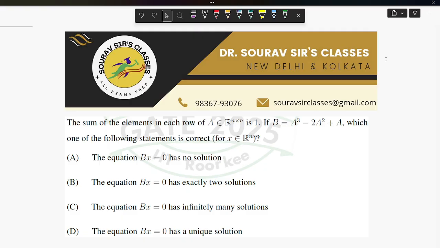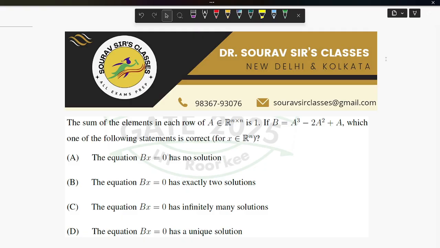So now we are going to solve a problem which appeared in the GATE AI question paper. The question is telling us that the sum of the elements in each row of A belonging to R to the power n cross n is 1. If B equals A cubed minus 2A squared plus A, which one of the following statements is correct for x belonging to R to the power n?